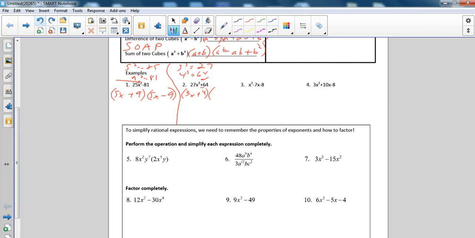Now, a squared, 3 squared is 9, x squared is x squared. Opposite, minus, a times b, so that's 4 times 3x, always positive, b squared. So that's 16. Next, x cubed minus 7x minus 8.